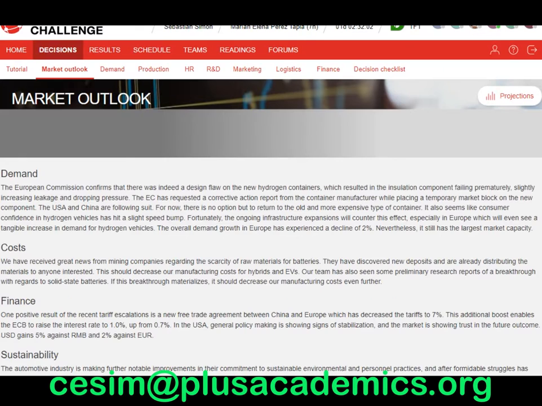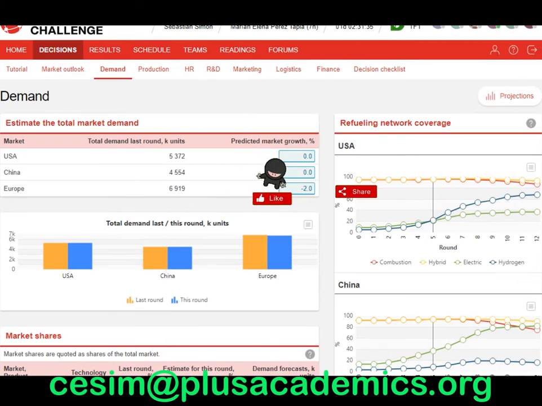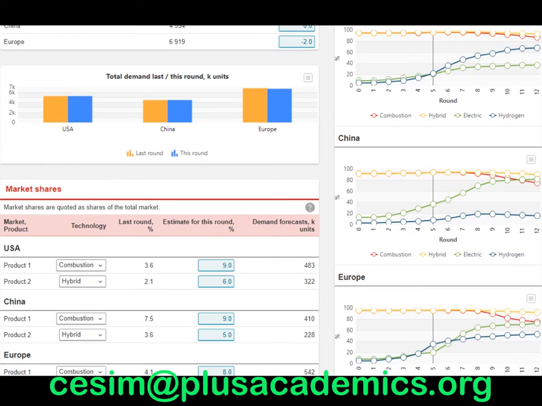This was done based on the description provided under the market outlook, where they suggested that demand is likely to reduce in Europe, but for America and China, they were not clearly specific on what will happen. They also projected that the demand is not going to be better than in the previous year, which was round 4. So that is the reason why we have not increased demand in the current year.